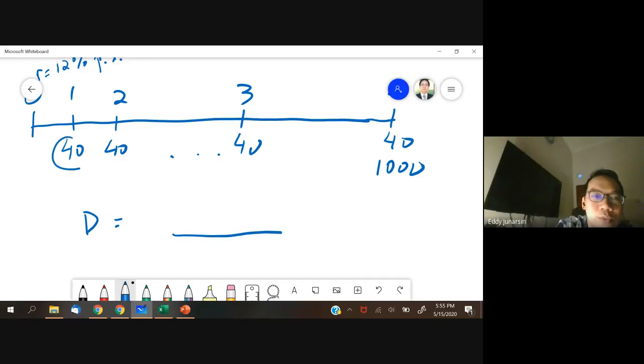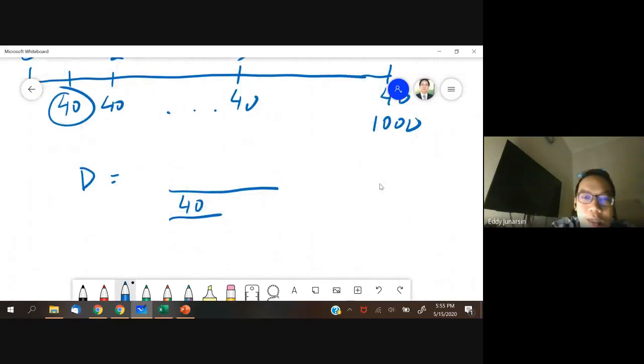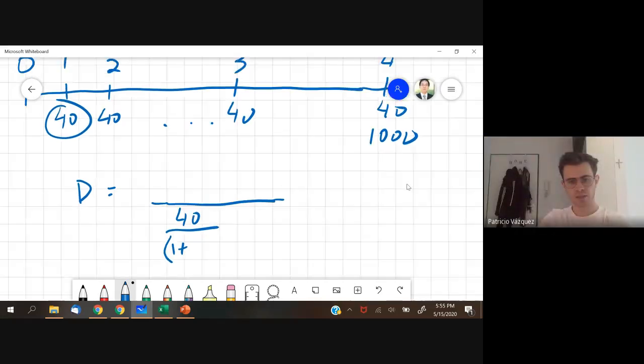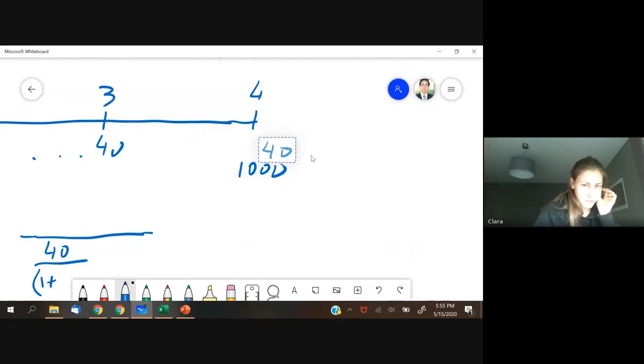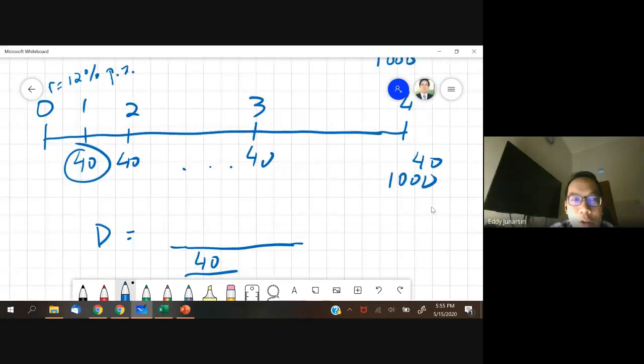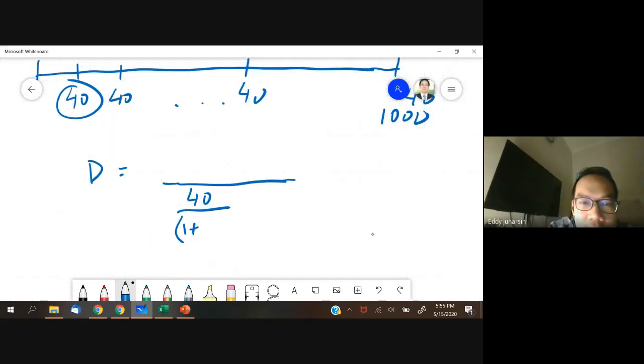So the first one, is it 40 divided by 1 plus the market rate? The market rate is 12% per year. So 12 per 2, right? 6%, to the power of 1.